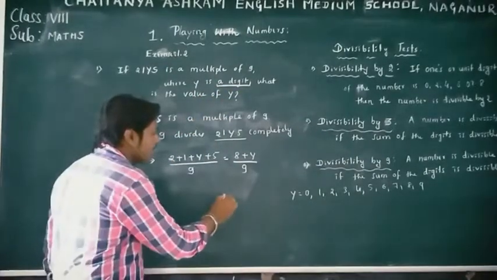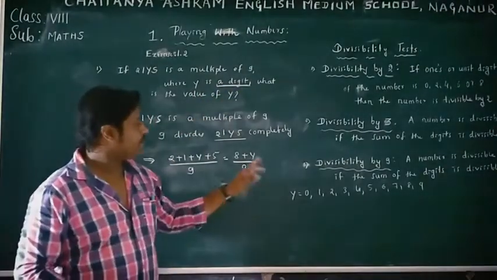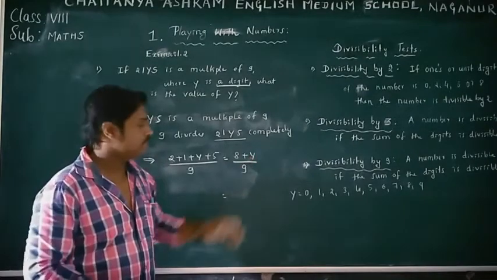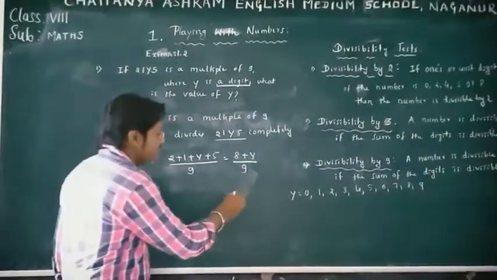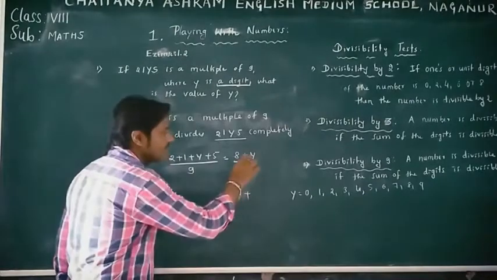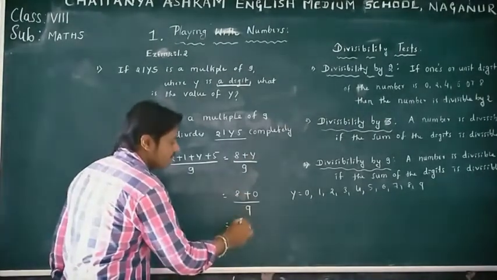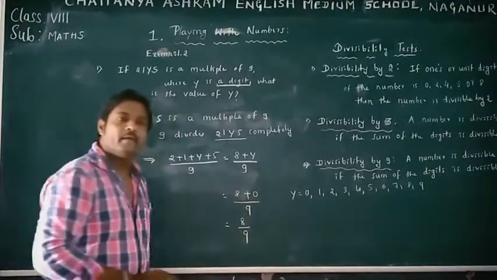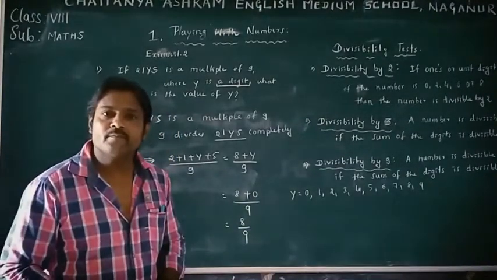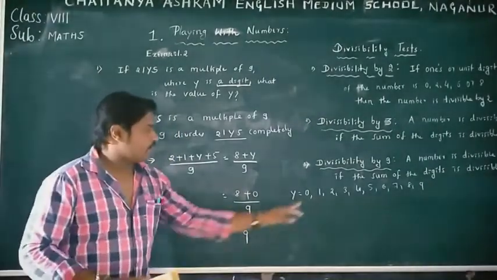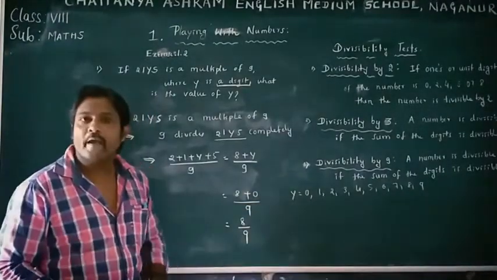Now take one by one. If I take y equal to 0, 8 plus 0 is 8, and 8 is not divisible by 9. So this value is not possible for y.